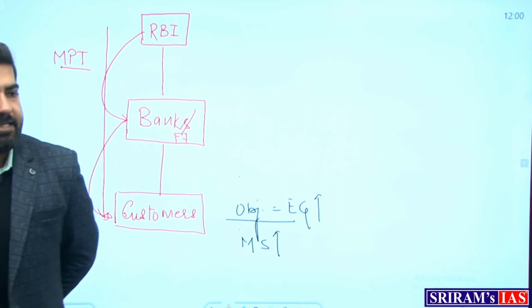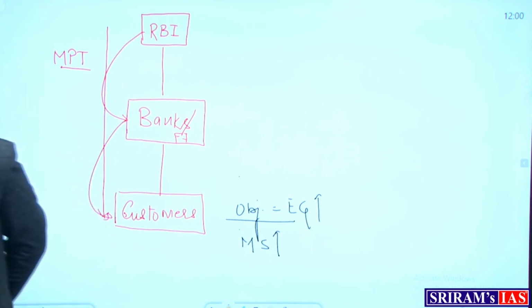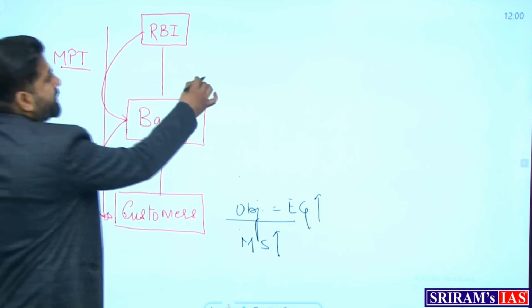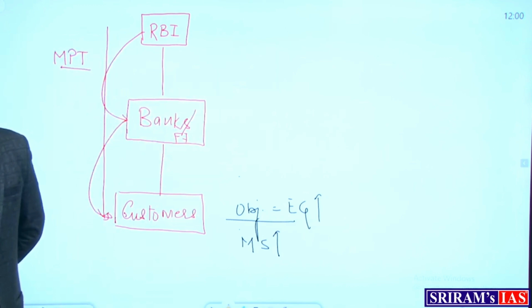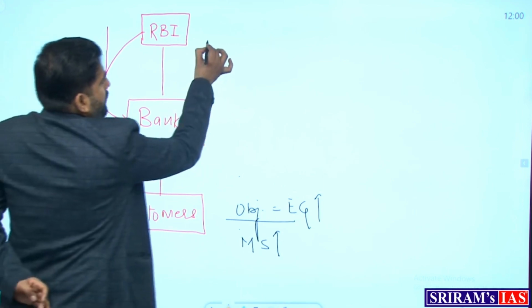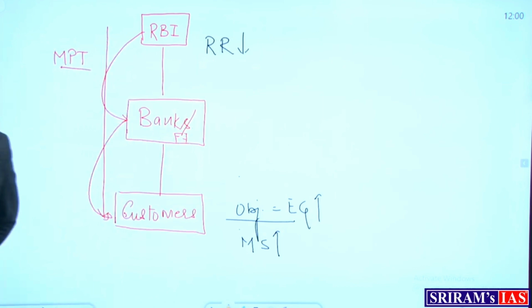Now for this, RBI will undertake expansionary monetary policy or contractionary? Expansionary. Give me one example of expansionary monetary policy: will RBI increase the repo rate or reduce the repo rate? Reduce the repo rate.